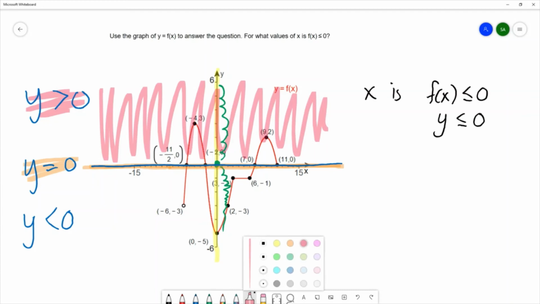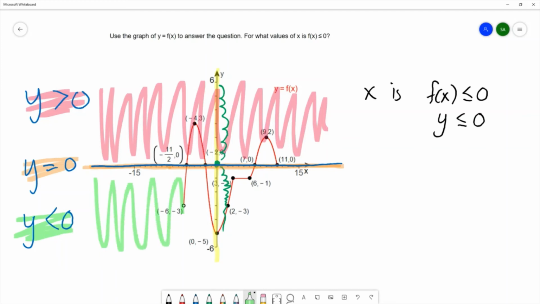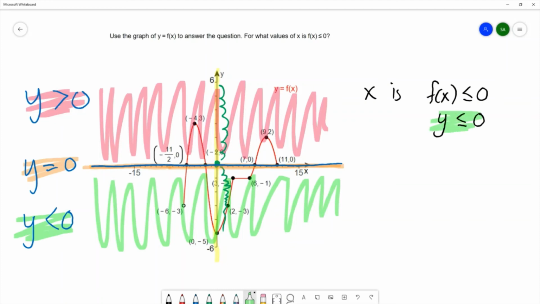And when y is below 0, that's below the x-axis. Okay. So that's going to help me figure out when y is less than or equal to 0. Now my picture is a little bit messy, so let me erase so that we can see this picture more clearly.